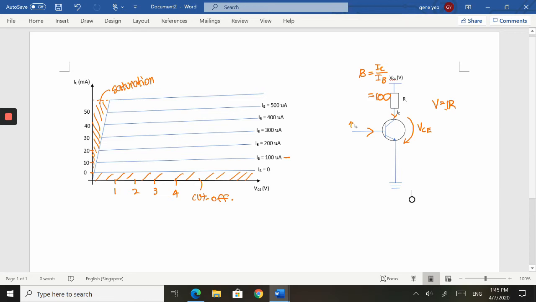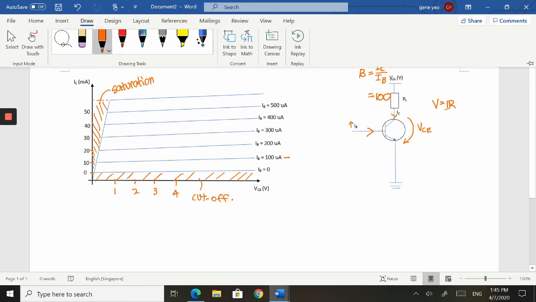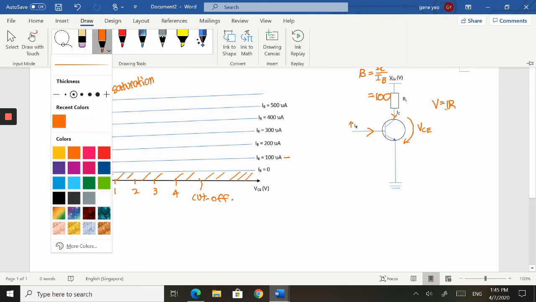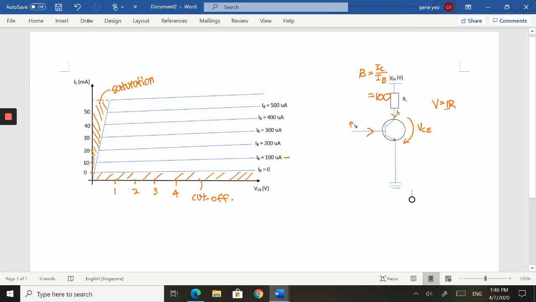Another piece of information I can get is when I will hit the saturation region. Let's choose a different colored pen to illustrate this. Let's say I want to use a 0.5 VCE.